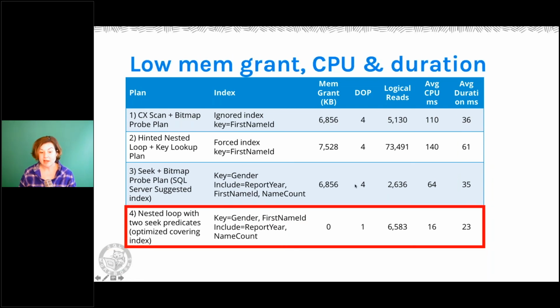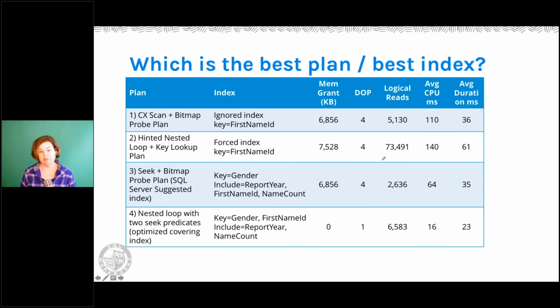We could go by logical reads in terms of whoever has the lowest logical reads is the best. And if we did want to go by logical reads, the SQL Server suggested index actually has really low logical reads. That one was still doing parallelism and it was doing a bitmap probe.